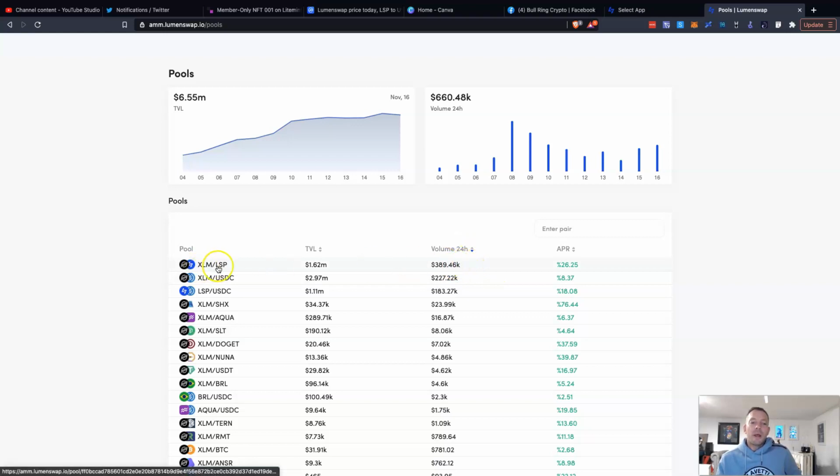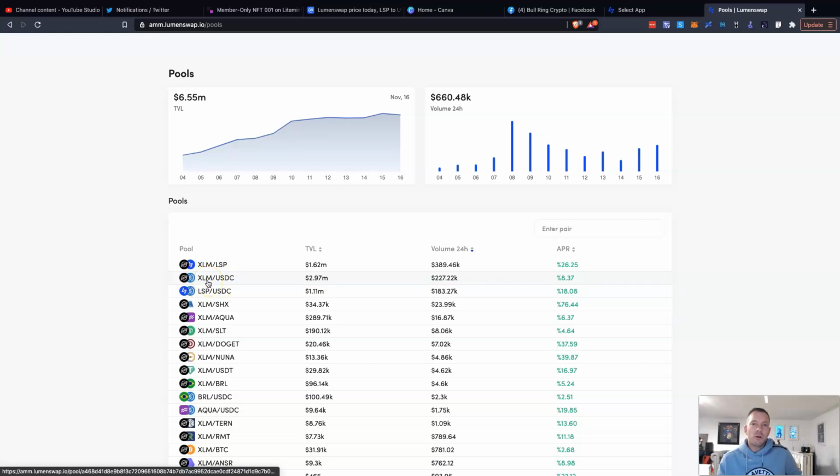At the top, we have volume XLM LSP. Now, this is a really interesting stat, because when I've smoothed those around, you can see XLM LSP is blitzing. Not just slightly better, it's blitzing XLM USDC, the native stable coin of the Stellar Network and the native coin of the Stellar Network.